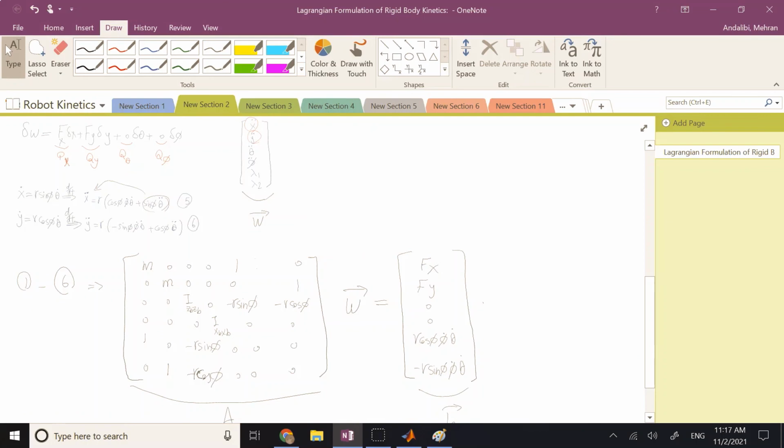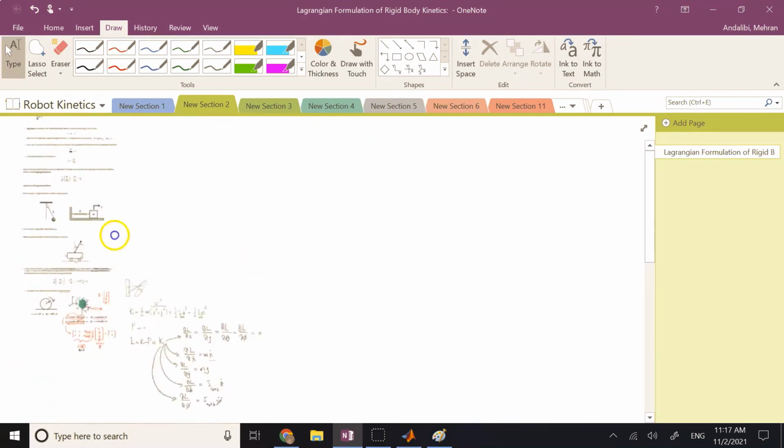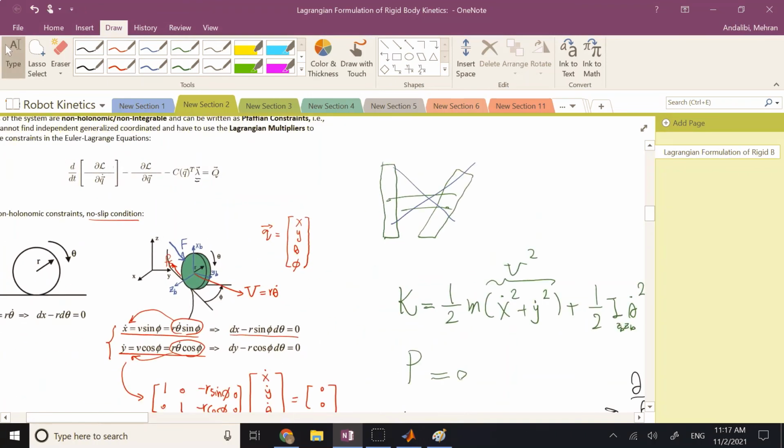Which, by the way, if you do, you'll find out they are going to be the components of the static friction under the disk. So if there is a static friction here under the disk, like this Fs, it has an x component and a y component, and you'll find them to be lambda 1 and lambda 2. So there are constraint forces like the previous case.